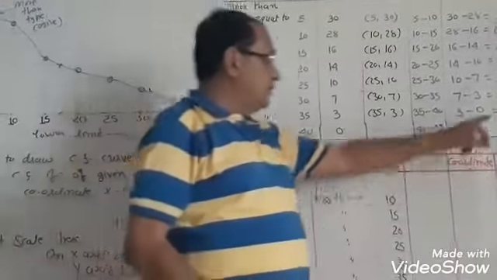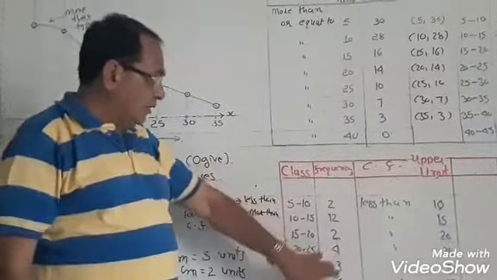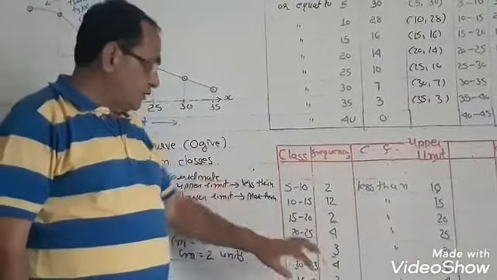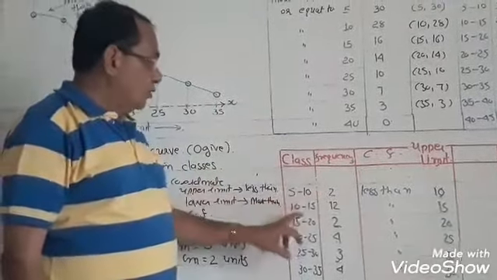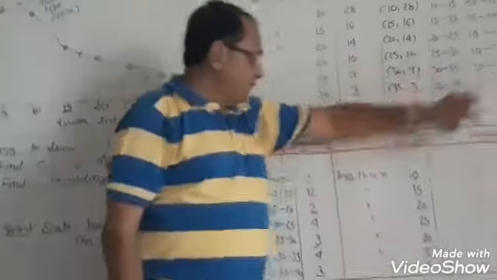So it becomes the normal frequency distribution: 5 to 10 is 2, 10 to 15 is 12, 15 to 20 is 2, and so on.